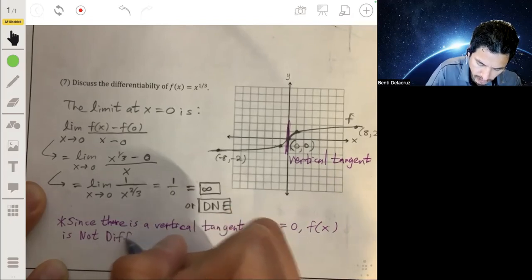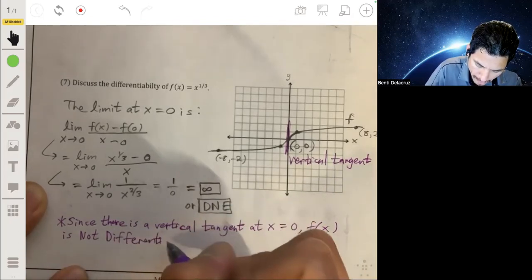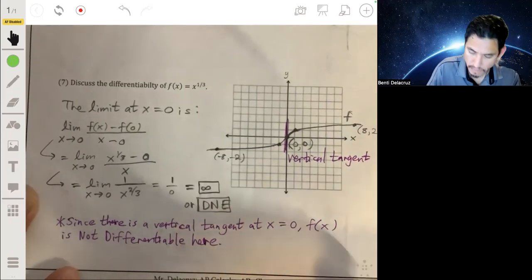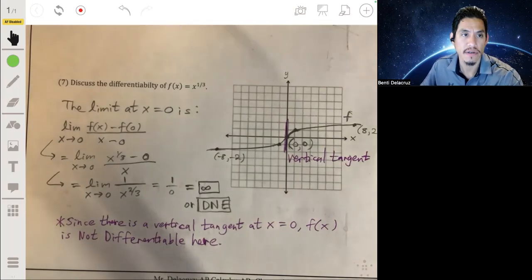It is not differentiable here. All right, so that's all there is to it.